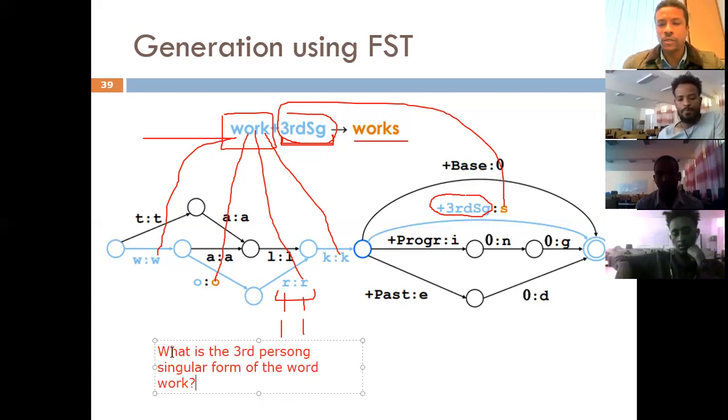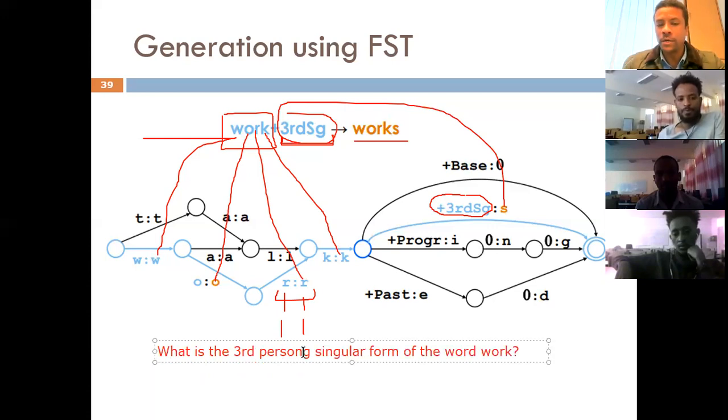You see, the question is, what is the third person singular form of the word works? Because you said works, plus third person singular, it means give me the third person singular of the word work. And what does our model say? It takes W, takes O, takes R, takes K, and at the end, it looks for third person singular here. If it finds it, it gives you the output yes, and it will say this is works.